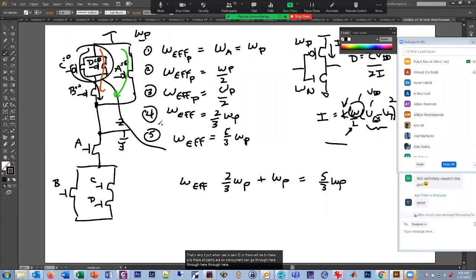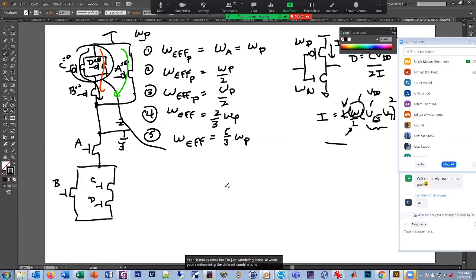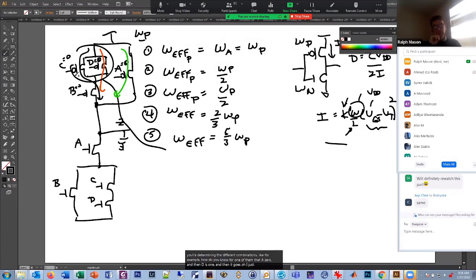Does that make sense? Yeah, it makes sense, but I'm just wondering because when you're determining the different combinations, how do you know for one of them that A is 0 and then D is 1 and then it goes through? I just arbitrarily chose that. I just said these are all possibilities. I said there's only 5 possibilities for these current paths for this circuit.